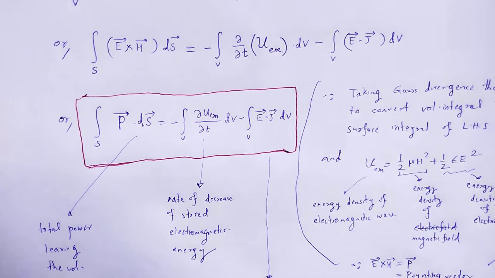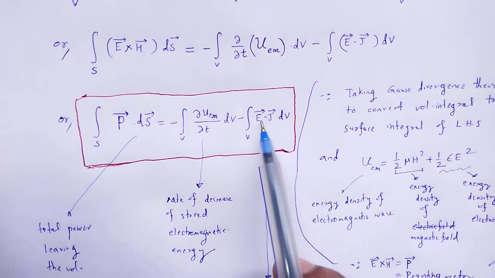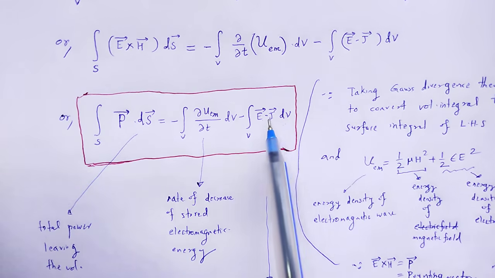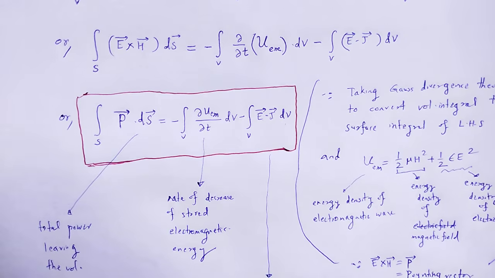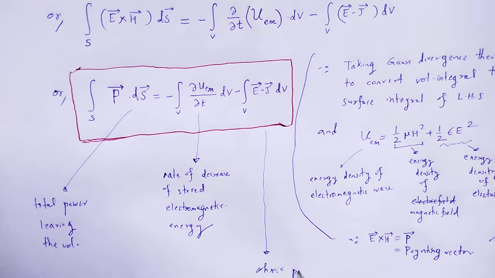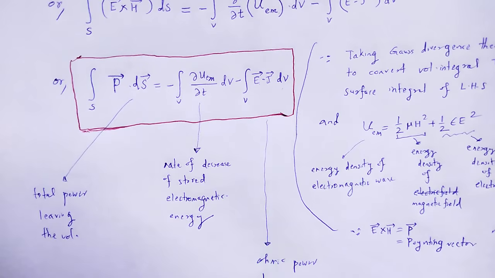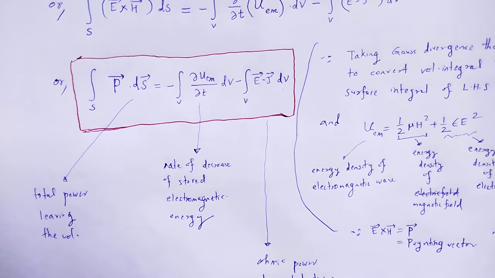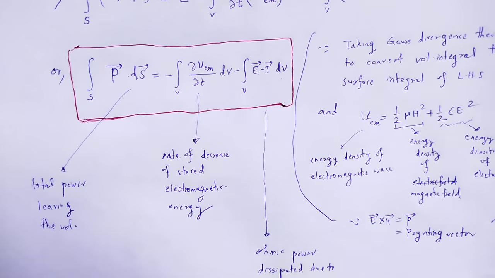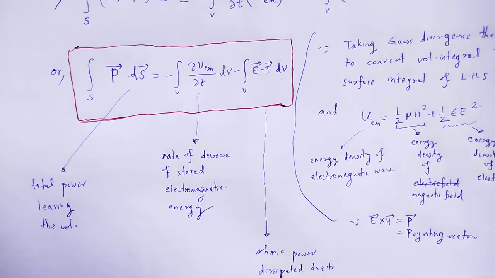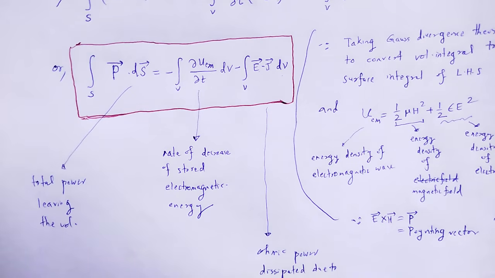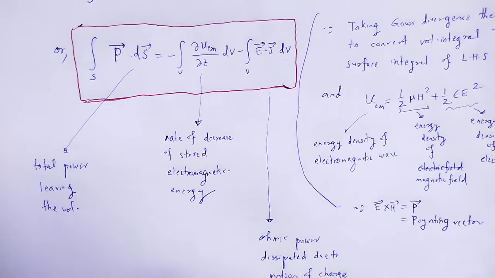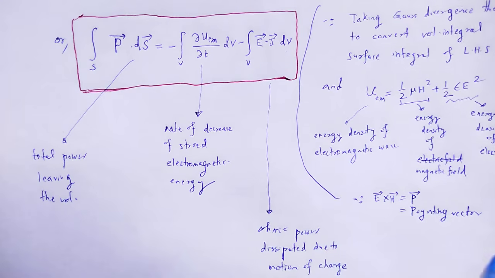The last term shows E dot J dV, that is the power dissipated due to the motion of charge, the ohmic power dissipated due to motion of charge. As electromagnetic wave propagates, the motion of charge is useful to dissipate that power.